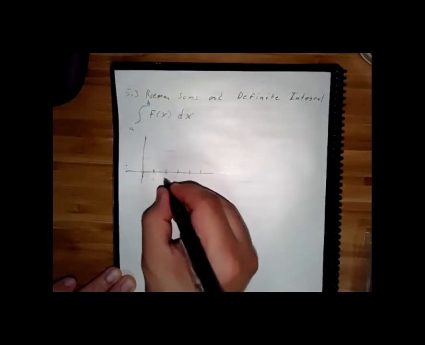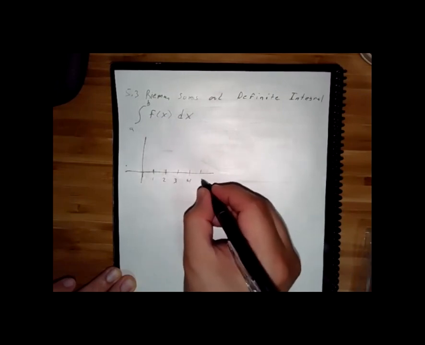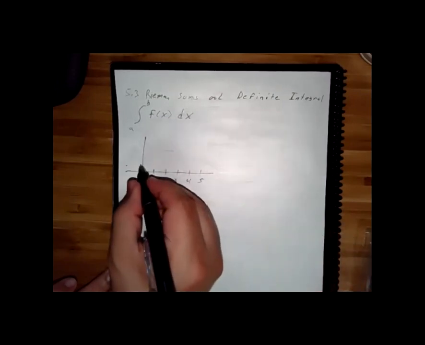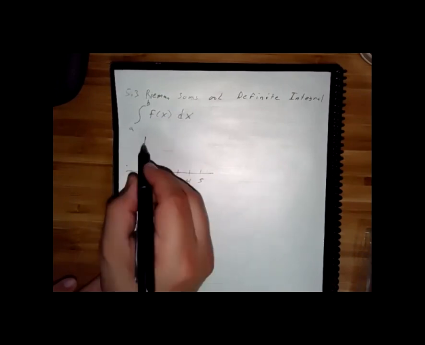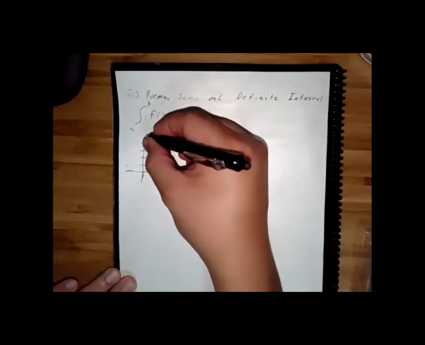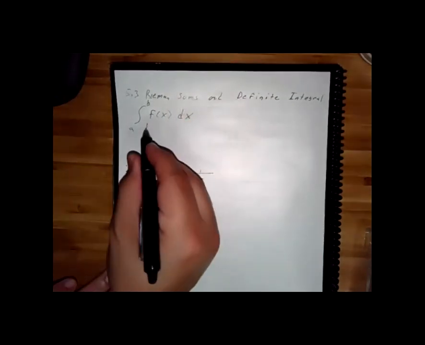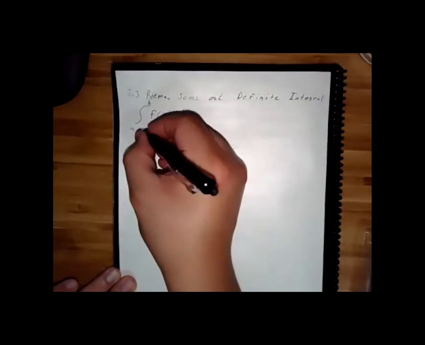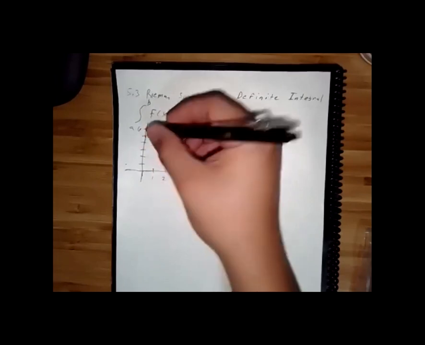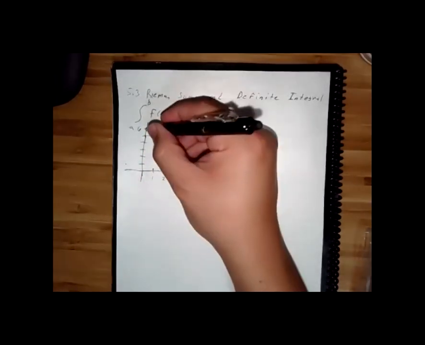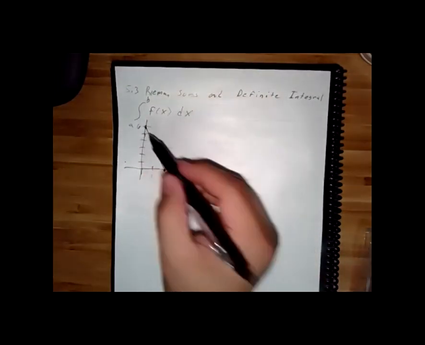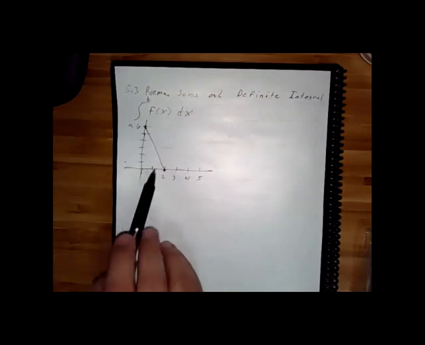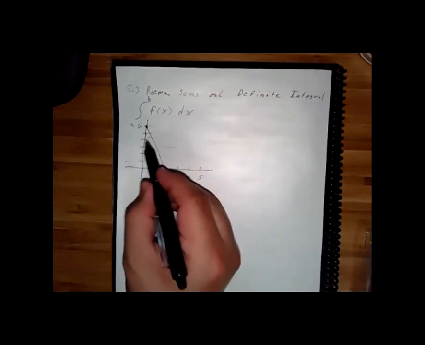So 1, 2, 3, 4, 5, all the way through 6. 1, 2, 3, 4, 5, 6. So there's 6. So you have a point right here. You have a point there. You have just a line. And the question asks you to find the area that's bounded under the line. So the area in here.